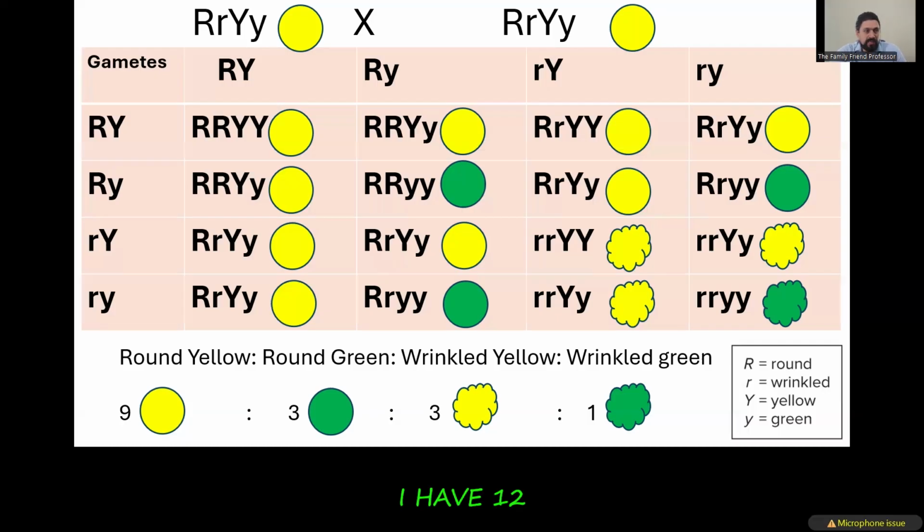I have 12 round and 4 wrinkled. That's also 3 to 1, so the same rule applies. Later this was called the law of independent assortment. These two traits are distributed and assorted independently.